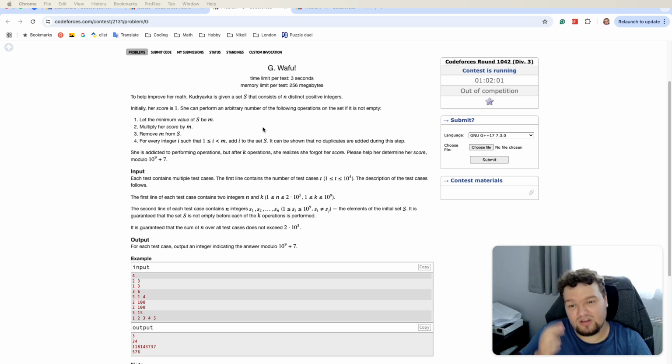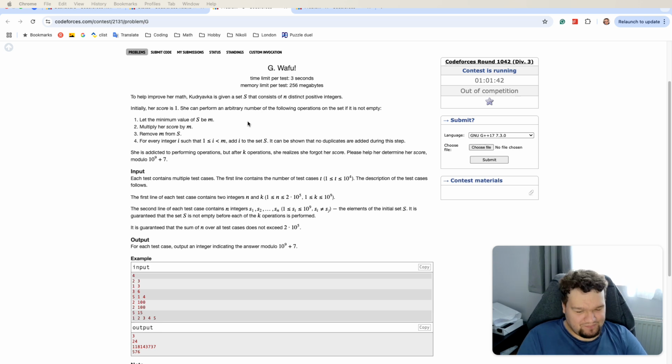But the product is not easy to calculate without dynamic programming. We don't need a lot, though, because one operation with the number 31 already gives 2 to the 30th power operations.